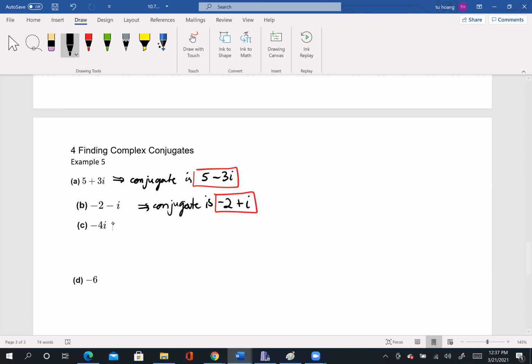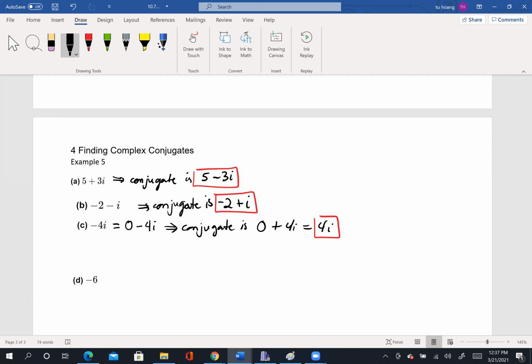I would like to convert it to the general complex form, with 0 as the real part, minus 4i. So the conjugate is 0 plus 4i, which equals 4i, and that's the conjugate of negative 4i.